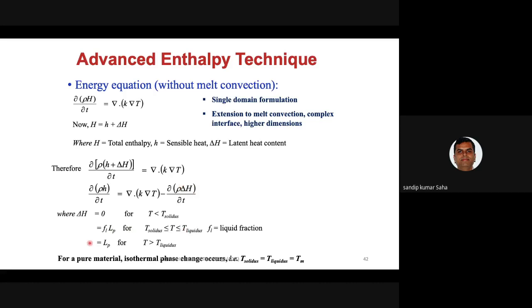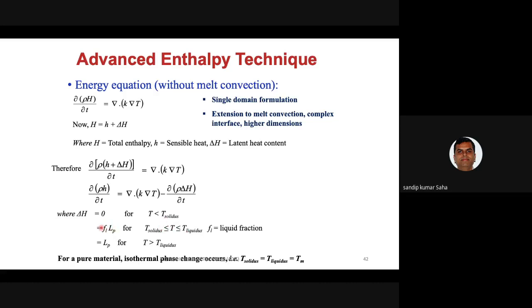Now how does Fluent or any software actually track this? Not COMSOL. COMSOL adopts a different methodology, which I will tell you later. They say that if the melting is occurring between solidus and liquidus, and in the case of a pure material it will be T melt, then you should take this value.